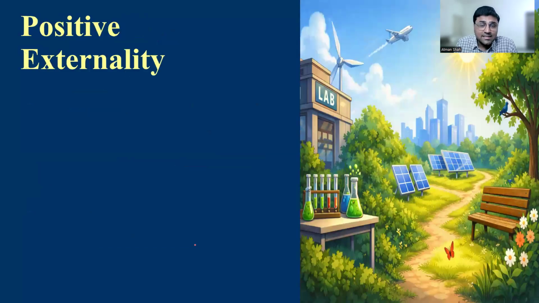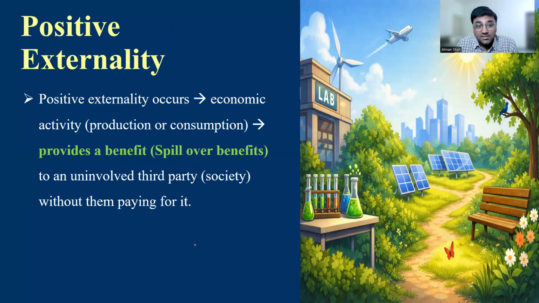Now let's understand what we mean by positive externality. Positive externality occurs when economic activity, whether production or consumption, provides a benefit to the society. Either production or consumption generates benefits for the society, and society is not directly involved in this transaction. So society is not paying for it, but still it gets the benefit.